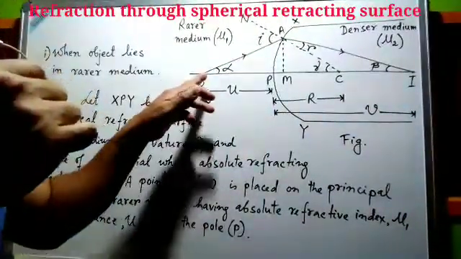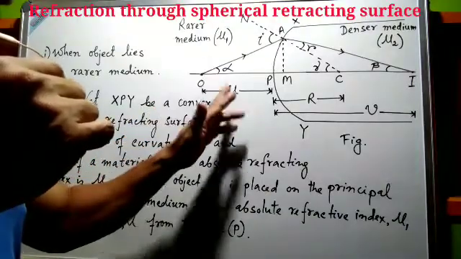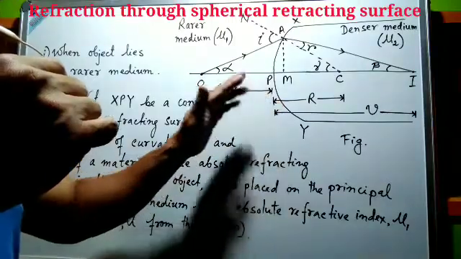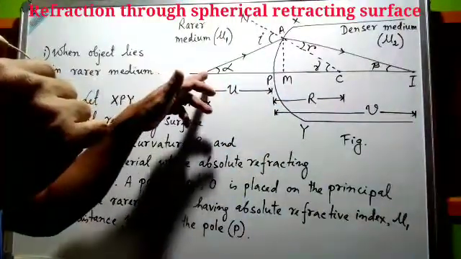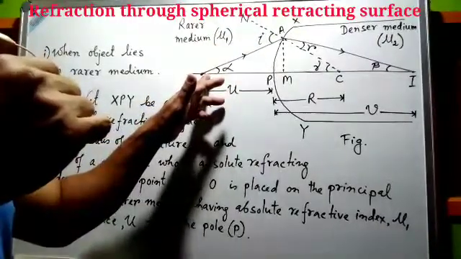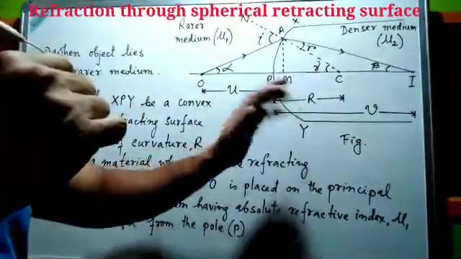Here O represents a point object and U represents the distance of the object from the pole, and we have to consider a ray of light OA emerging from this point object O and incident on XPY.